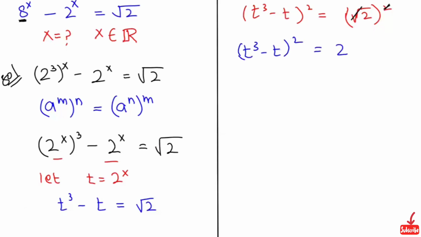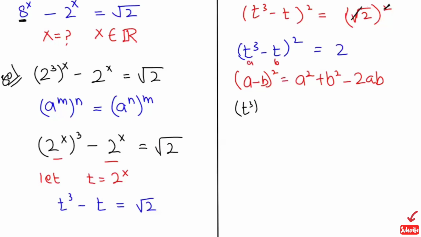Here I will use the algebraic identity: a minus b, whole to the power of 2, is equal to a square plus b square minus 2ab. So this is our a and this is our b. So this can be written as t cubed, whole to the power of 2, plus t square, minus 2 times t cubed times t, is equal to 2.